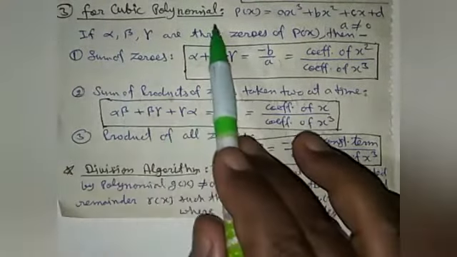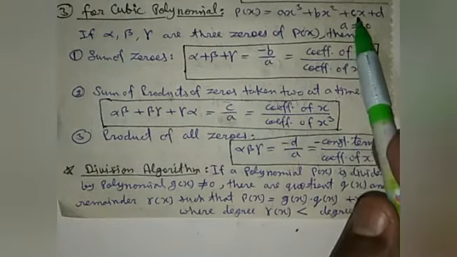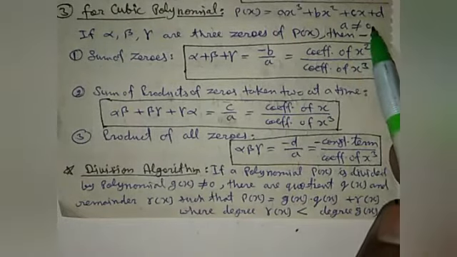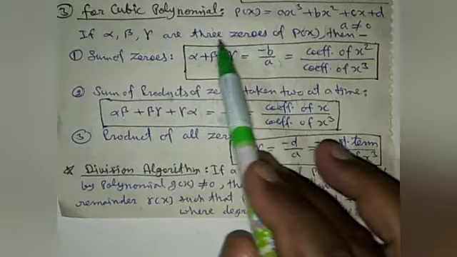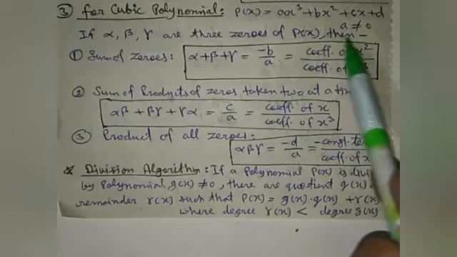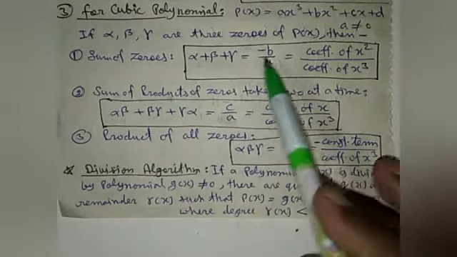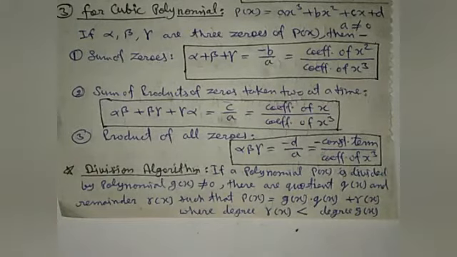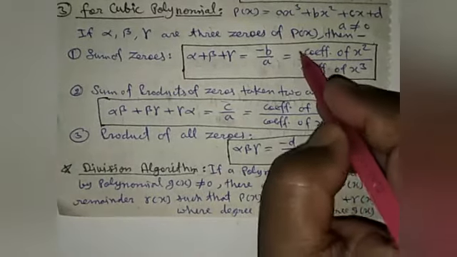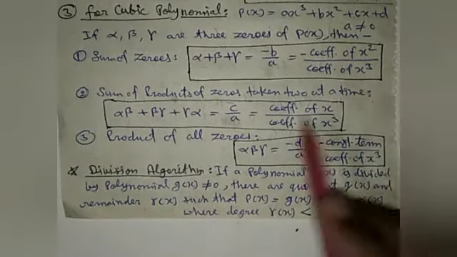Now for a cubic polynomial, p(x) equal to ax cube plus bx square plus cx plus d, where a is not equal to 0. Here, if alpha, beta and gamma are three zeros of the polynomial, then the sum of zeros, alpha plus beta plus gamma, equal to minus b upon a, means minus coefficient of x square divided by coefficient of x cube.